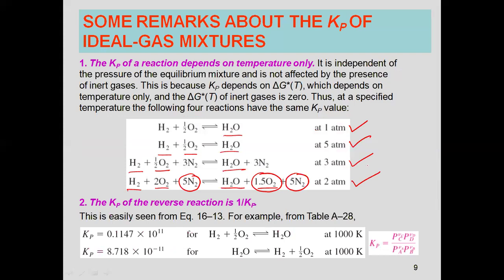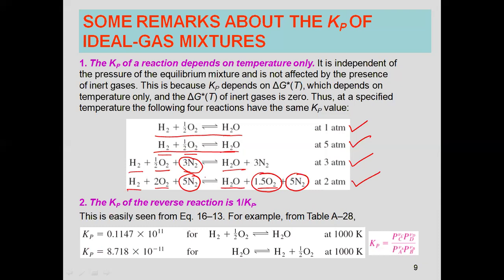One thing that we have to observe is that for all these reactions, the Kp values are the same, because the basic reactions are the same. Only thing is that there is presence of inert gases.